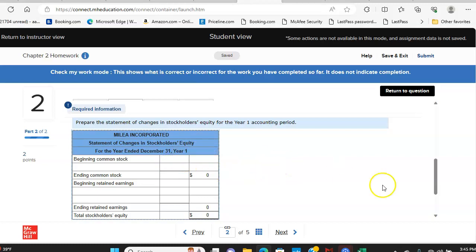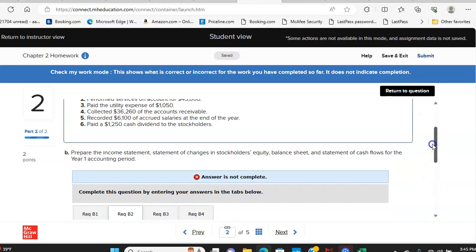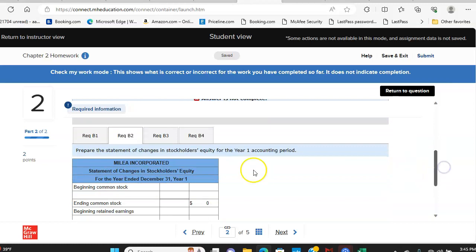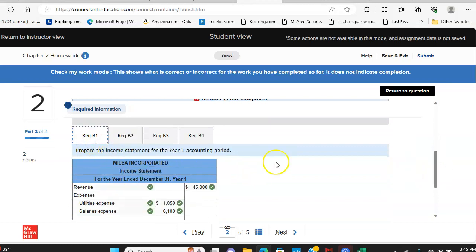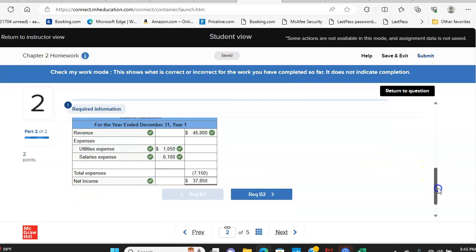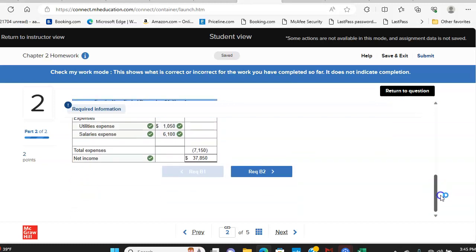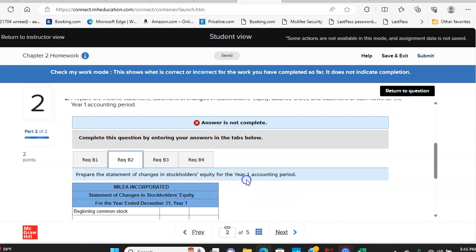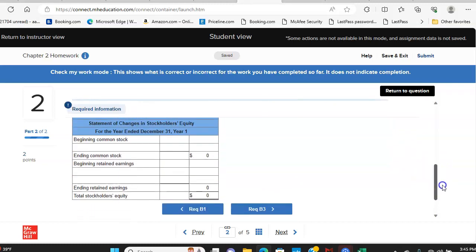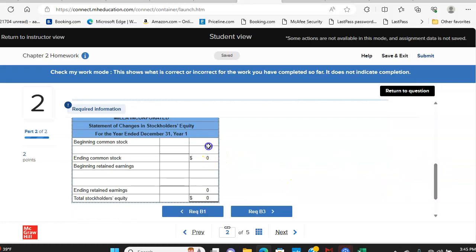So now I'm wondering if for some reason, let me go back and see. If you can't go from one to the other, which you should be able to, everything here is done. Everything here should be complete. Okay, so go to requirement number 2. So our beginning common stock, again, is going to be 0 because it's our first year of operations.